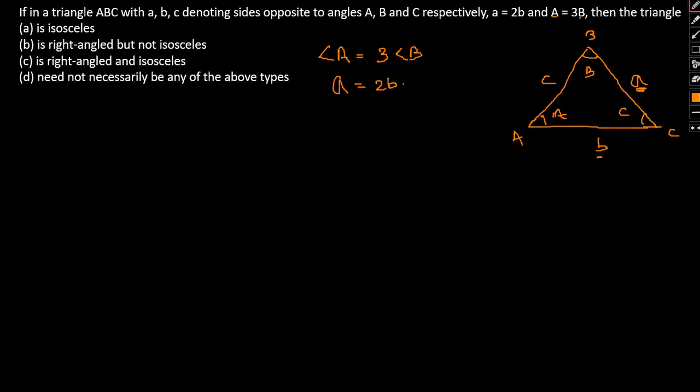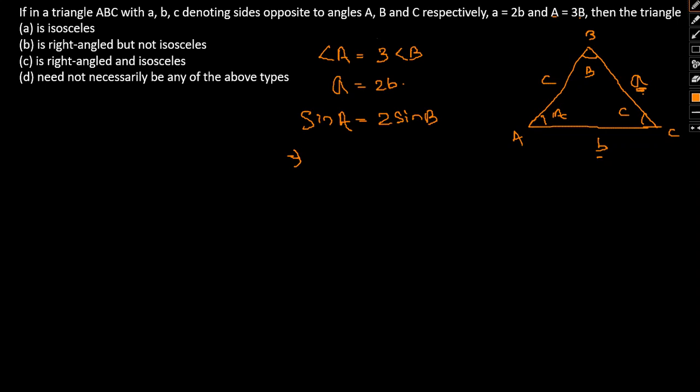the side opposite to B, A is angle A, so what we can write is that sine A will be twice sine B, because the lengths of the sides and the angles correspond; the ratio of the length of a side and the sine of its angle is equal for all the sides of a triangle. We know that the larger side subtends the larger angle and the smaller side subtends the smaller angle, so the relation remains similar.